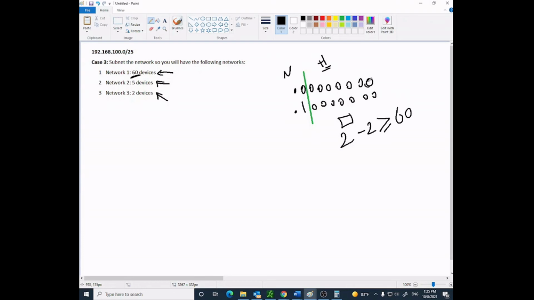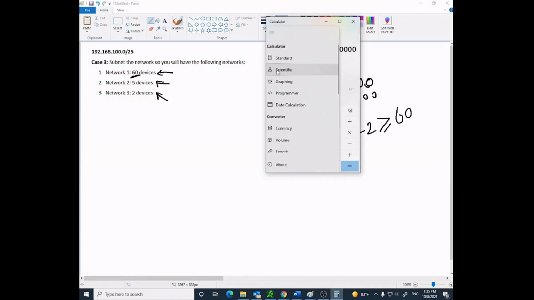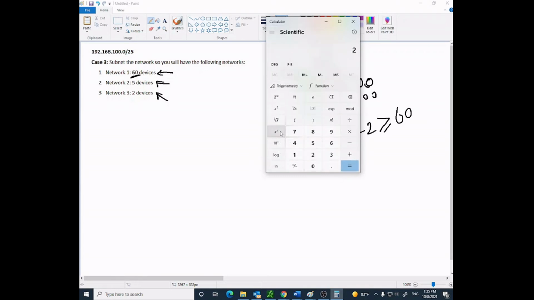If I go, 1 is not enough, 2 is not enough, 3 is not enough, 4 is not enough, 5 is not enough because 2 to the power of 5 is 32, so that's 30 usable. Let's look at 6. 2 to the power of 6 is 64. 64 minus 2, let me just make sure I am not making any mistakes with my calculations. So 2 to the power of 6 minus 2 is 62.